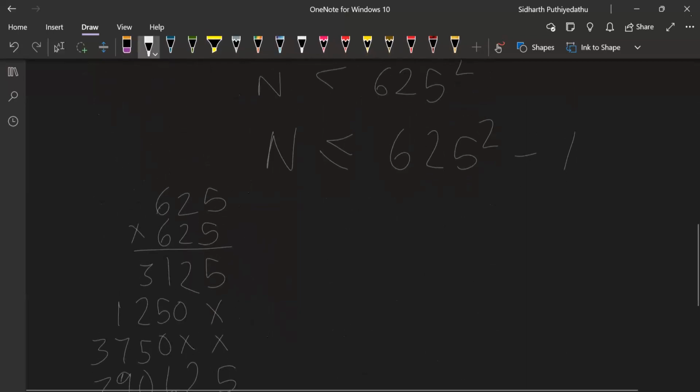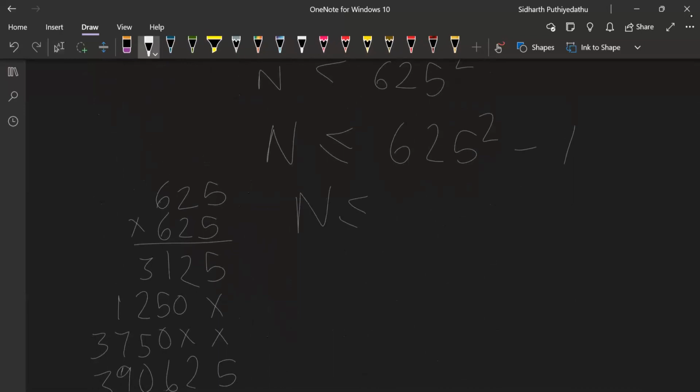See, I told you multiplication is hard. 9, 3, 0, 6, 2, 5. So hopefully I did the multiplication correctly, and you get 390,624. And adding, that's 9 plus 9, 18, 24. The sum of the digits is 24.